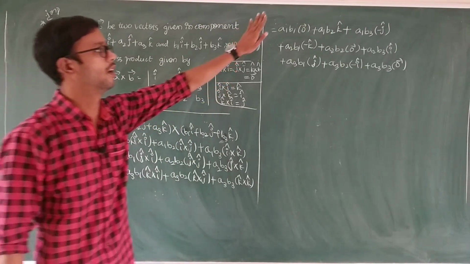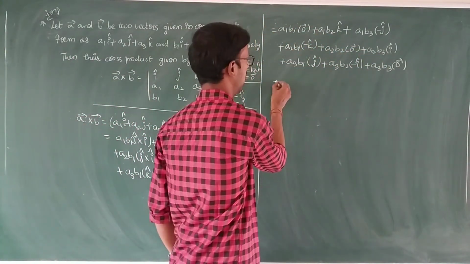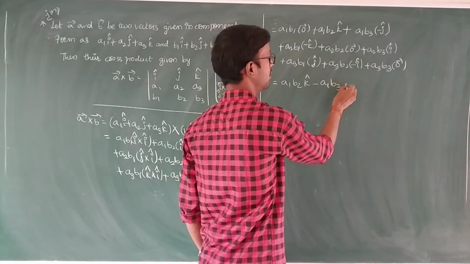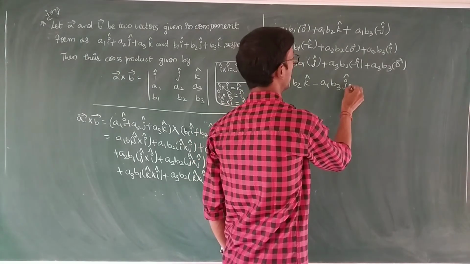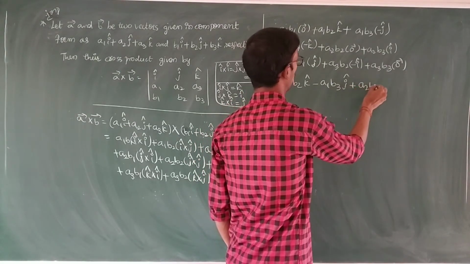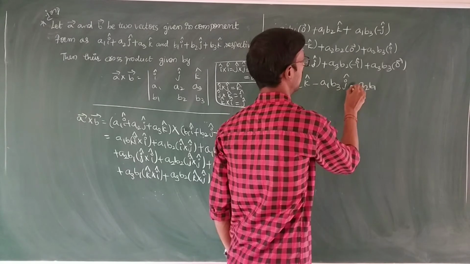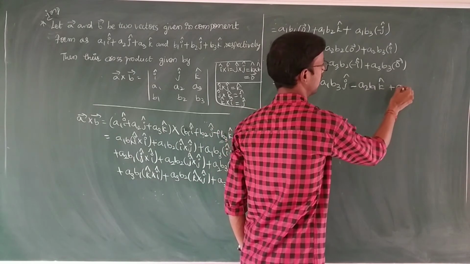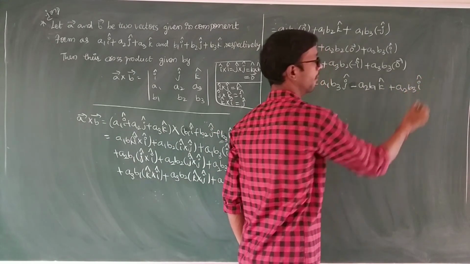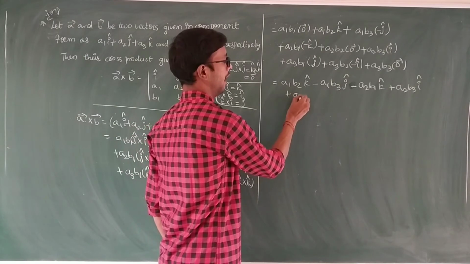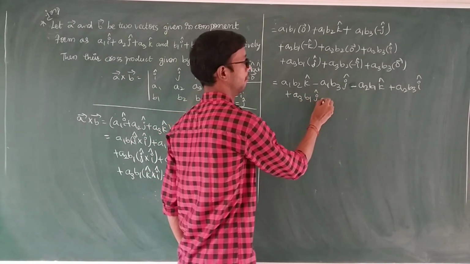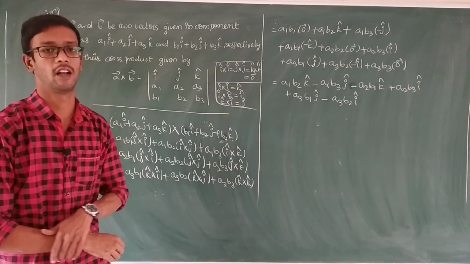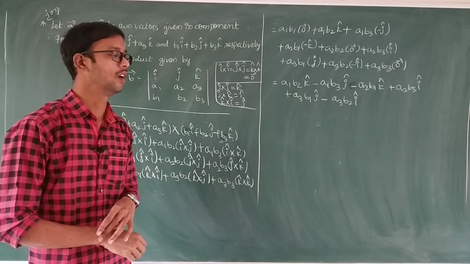So the zeros are removed and we get the remaining: A1 B2 k cap minus A1 B3 j cap, plus A2 B3 i cap minus A2 B1 k cap, plus A3 B1 j cap minus A3 B2 i cap. The zero vectors are removed, just negative and positive, the same as I wrote.